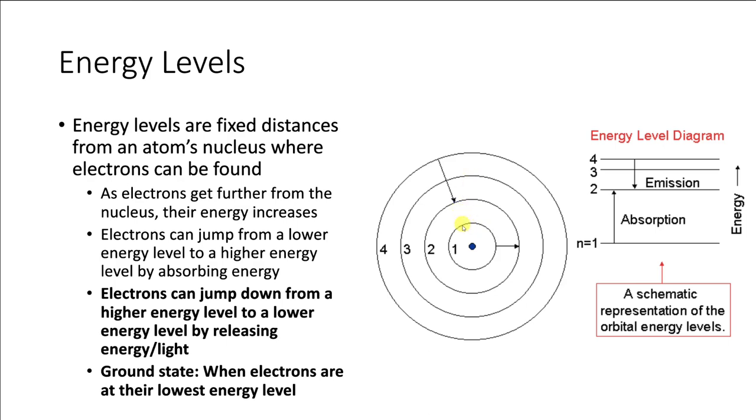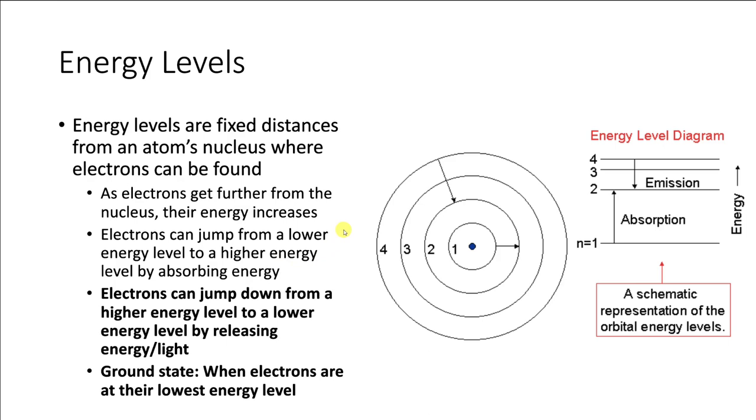As electrons get further away from the nucleus, their energy increases. In order to jump from one energy level to the next, electrons can absorb energy. That energy gets put into them, and then they can jump into a higher energy level.